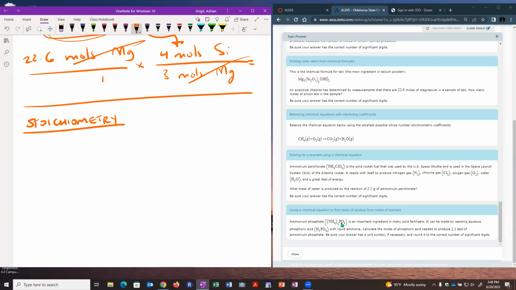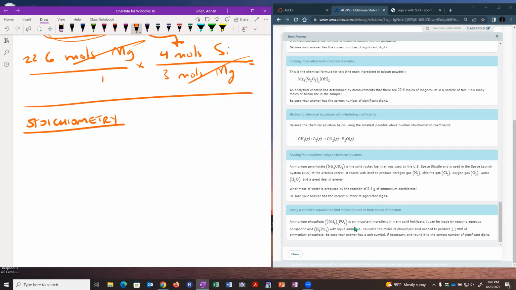That's all that stoichiometry, the big fancy word, just means: the amounts involved in that chemical reaction. So let's take a look at the second one, actually.